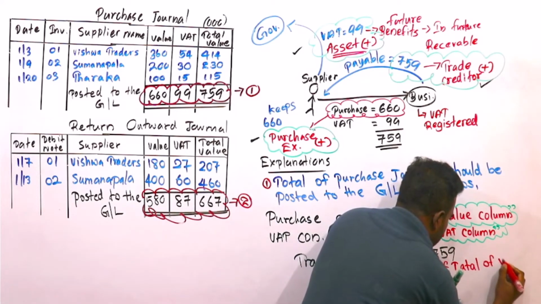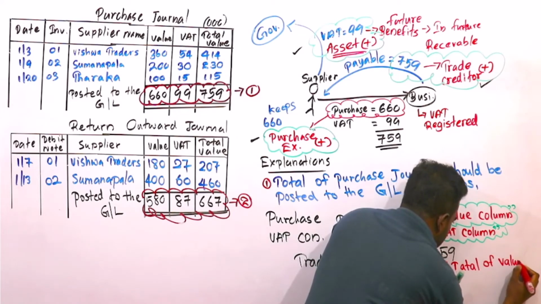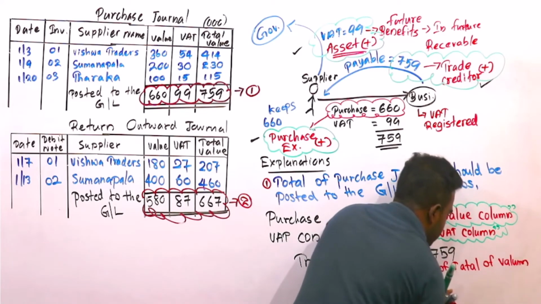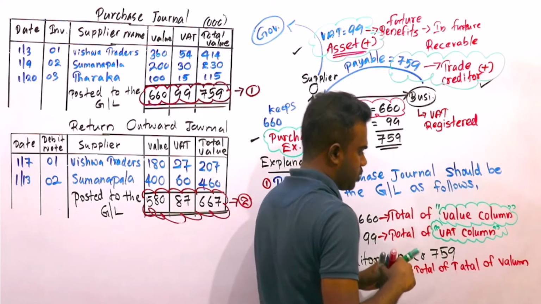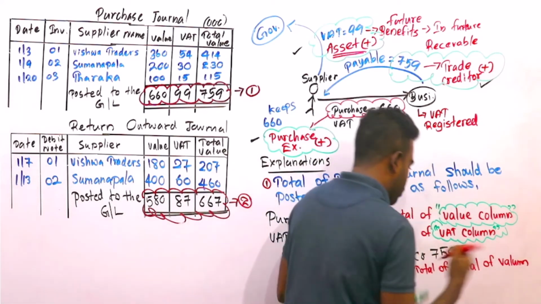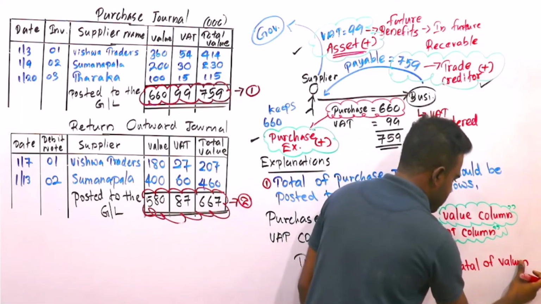Total of total value column. What is this?